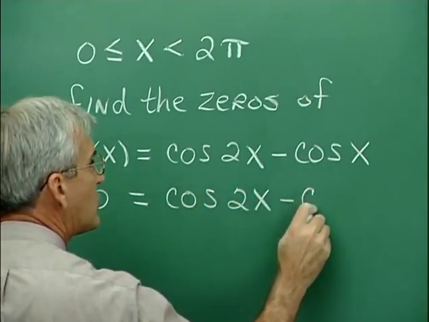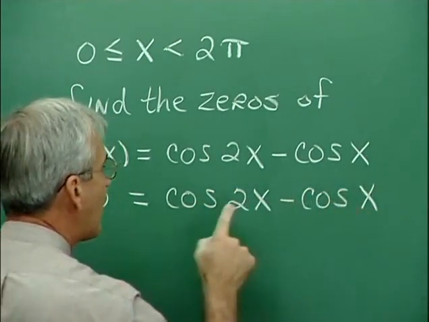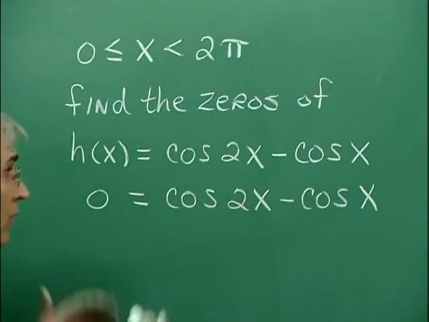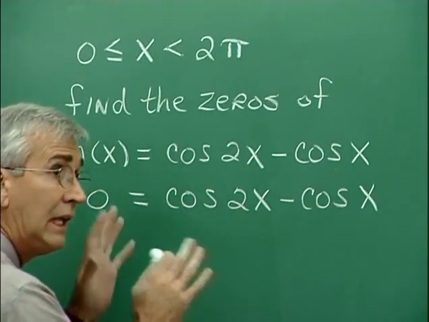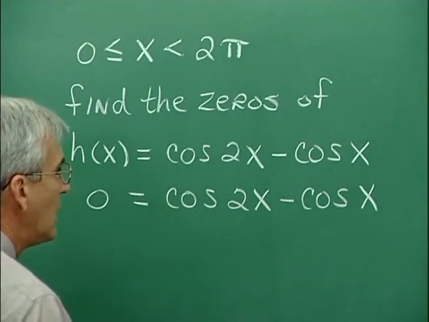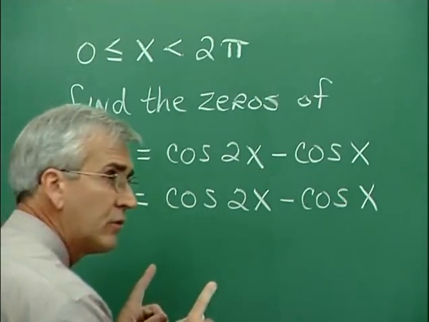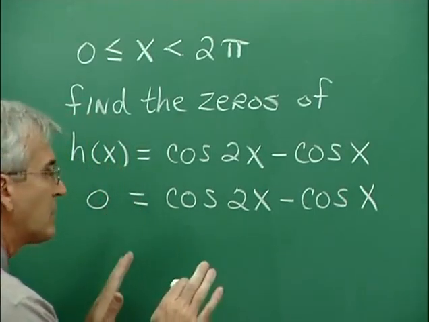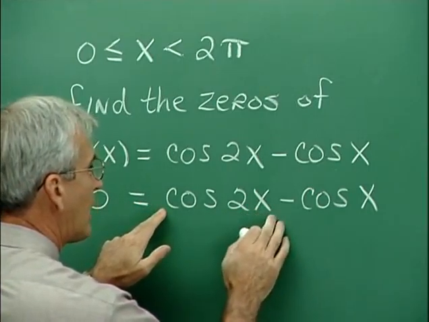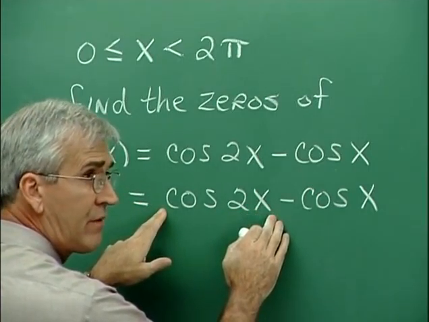To solve it, since we have a double angle situation here, we refer to our list of double angle formulas. One thing we need to do here is choose rather wisely the version of cosine 2x that we want. Remember that there are 3 versions.